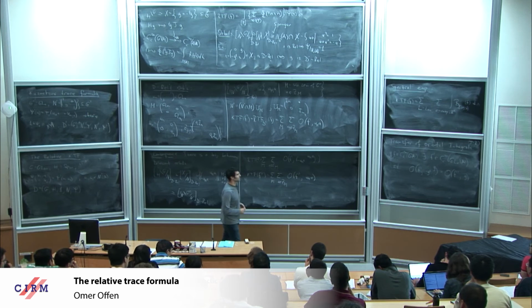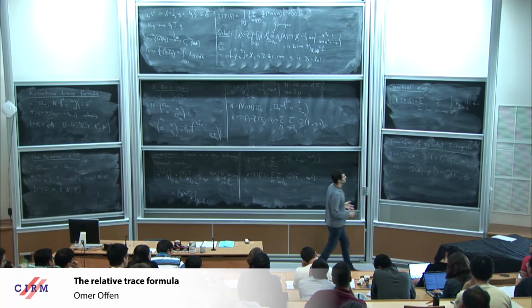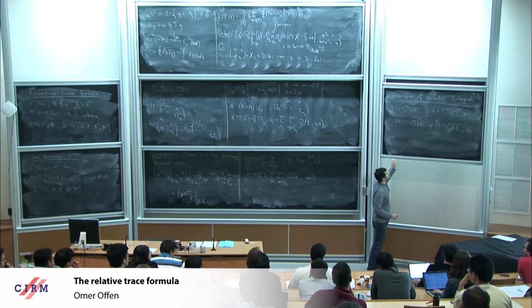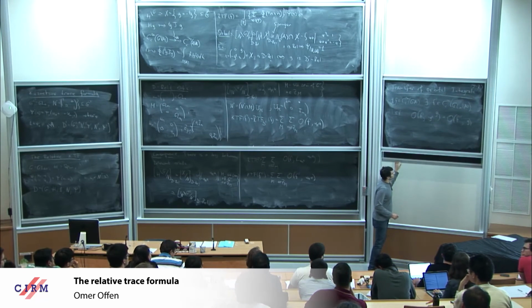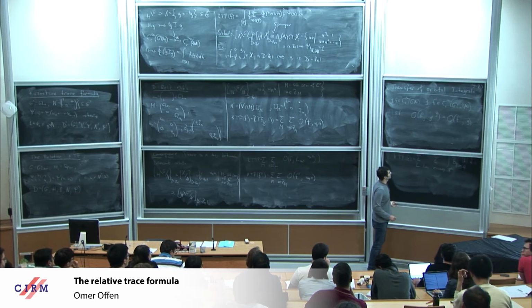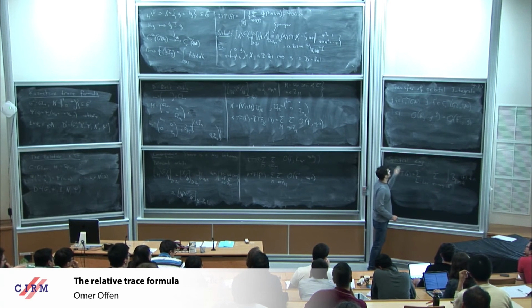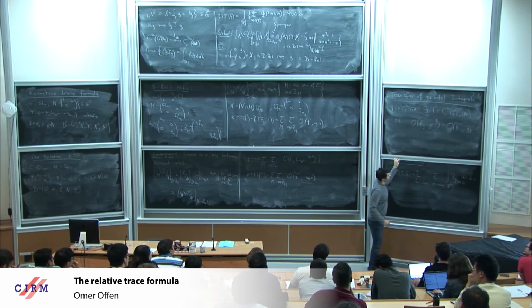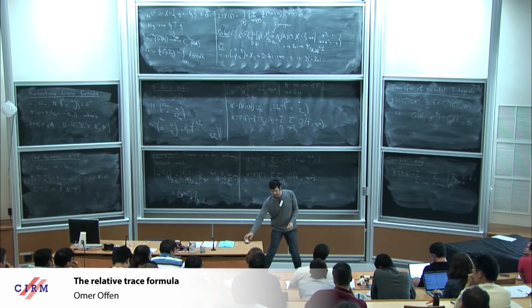So one did not need, in this particular case, the relative trace formula. But let me just say what are the possible applications of actually working out the details of this relative trace formula for this case.